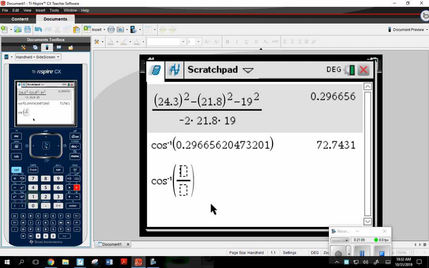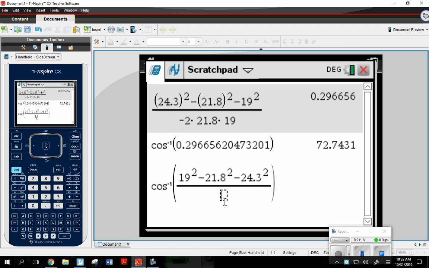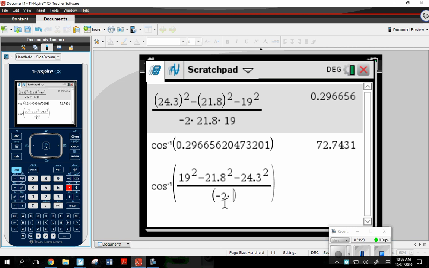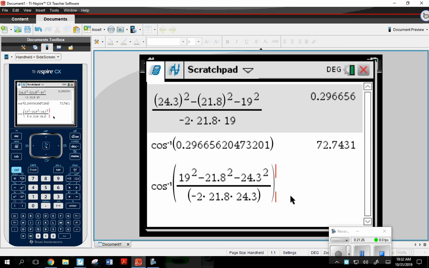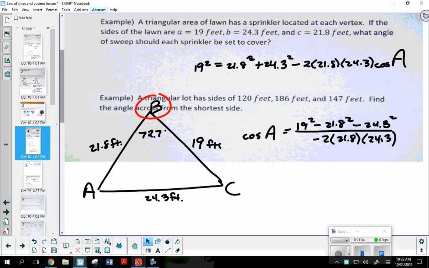So in this kind, we had 19 squared minus the 21.8 squared minus the 24.3 squared, all divided by parentheses negative 2 times the 21.8 times the 24.3. Okay. So what am I getting for angle A? Okay. 48.3. 48.3 degrees. There we go.